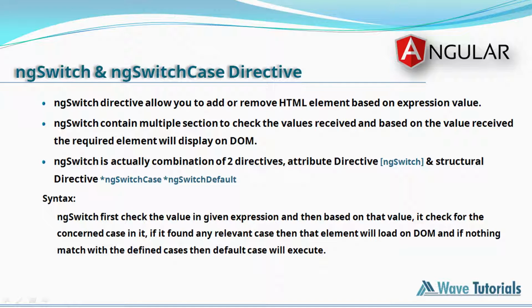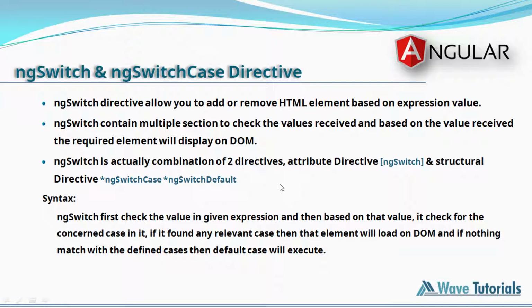ngSwitch directive allows you to add or remove HTML element based on expression value. ngSwitch contains multiple sections to check the value received, and based on the value received, the required element will display on DOM. ngSwitch is actually a combination of two directives. One is attribute directive, which is ngSwitch, and the structural directive, which is ngSwitchCase and ngSwitchDefault.